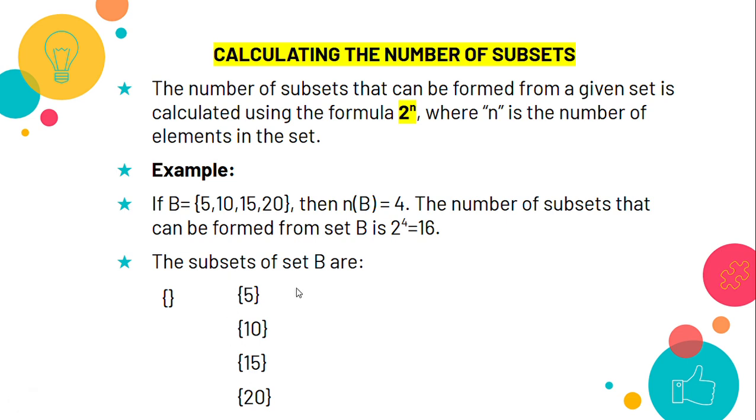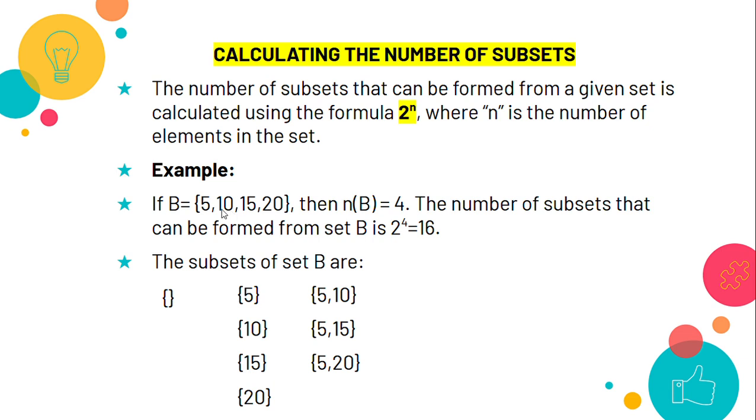Next, we try to create our two element sets. To ensure that we create all possible sets, we keep one element constant at a time and try to pair it with all the other elements. So starting with 5, I would pair 5 with 10, 5 with 15, and 5 with 20. Notice I keep the 5 constant. And once I've paired 5 with every other number, I move to the next element.